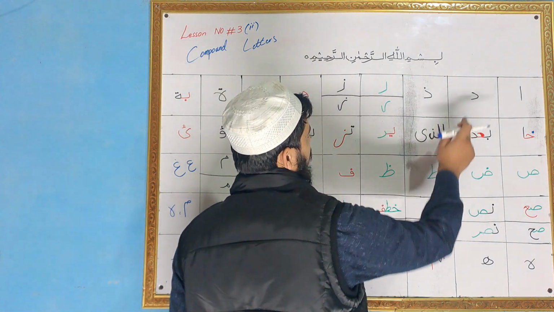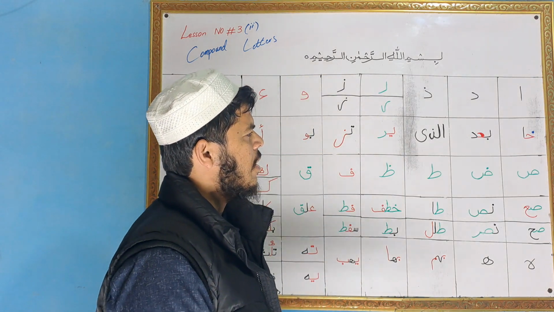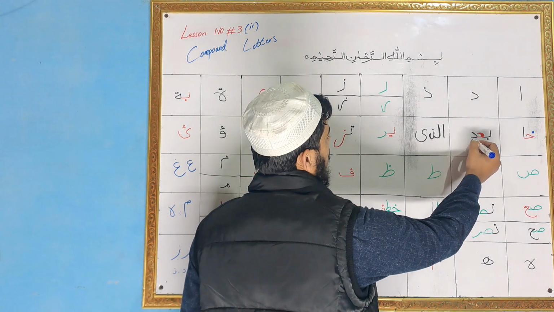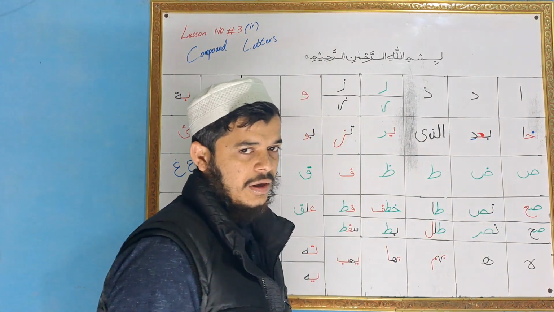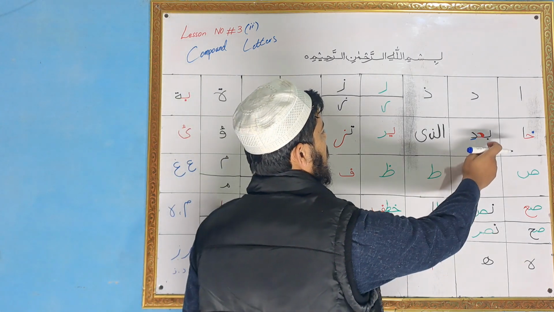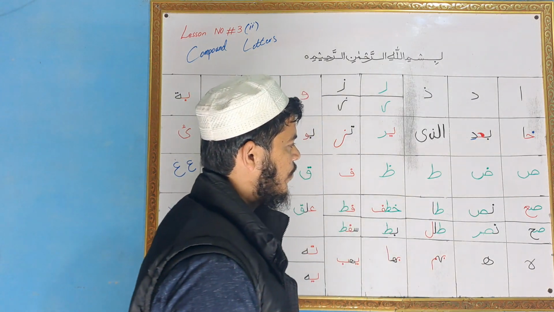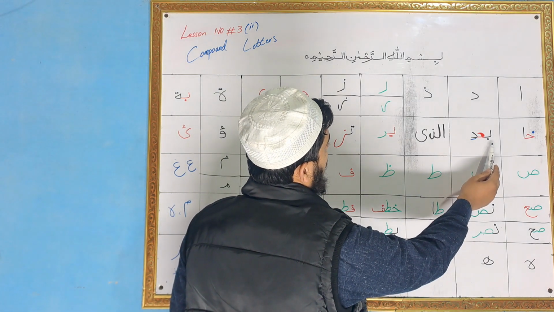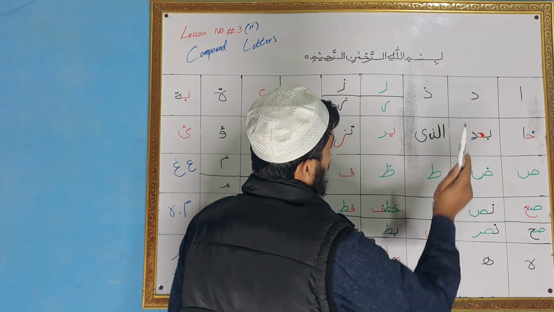And now we move to the letter dal, and as you can see, dal can only come at the end in connected form. It cannot come as a first letter or as a middle letter. So this letter will be considered as ba, ain, dal.